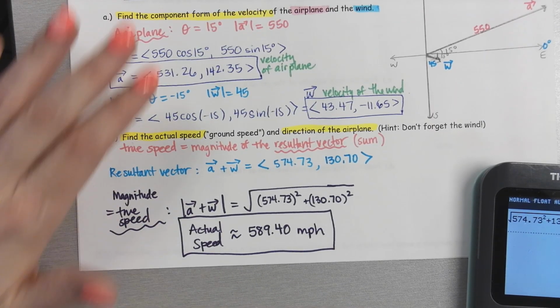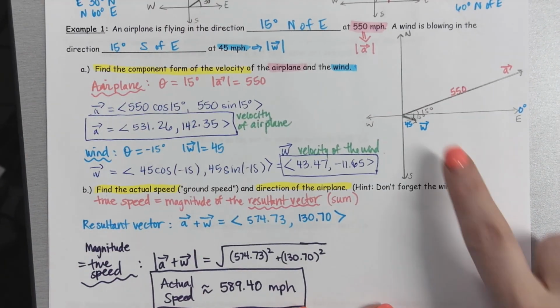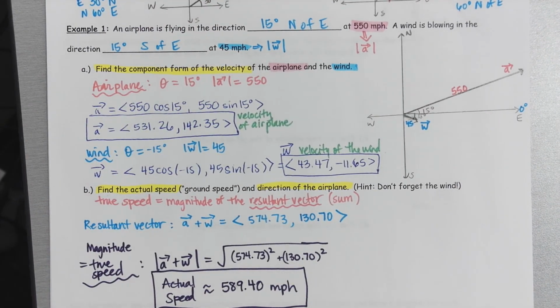Okay, so what we're going to do is we are going to make the parallelogram and then we'll do the diagonal from there. Okay, so the parallelogram is like this here and this here, and then your diagonal is going to be that vector.